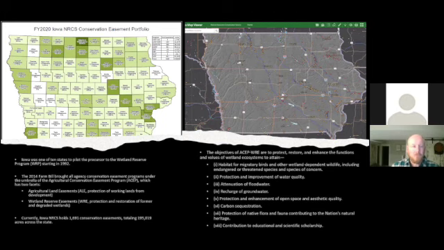A little bit of definition and history of what conservation easements are and how they came to be. Going back to the Wetland Reserve Program in the early 90s, the main priorities under the WRP revolved around habitat for migratory birds and wetland dependent species. Over the course of time, offshoots of different conservation programs started to pop up. Some were directed at the protection of timber and forest lands under the Healthy Forest Reserve Program.